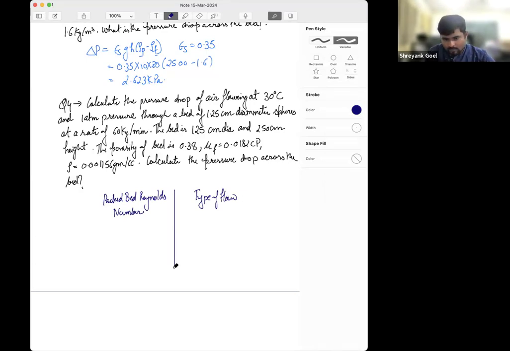So this is the table that you should keep in your mind while having this kind of questions in order to solve it. First, if Re_p, I'm just saying that's a packed bed, is less than 10, then the flow is considered to be laminar.